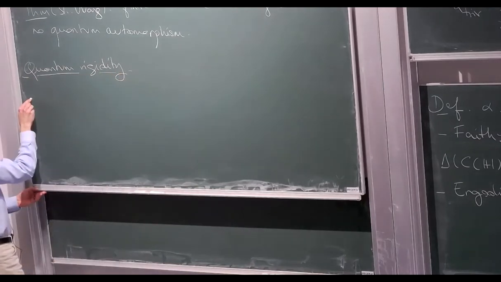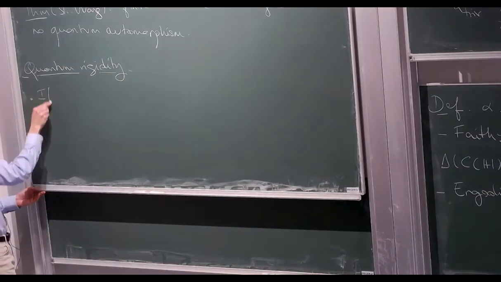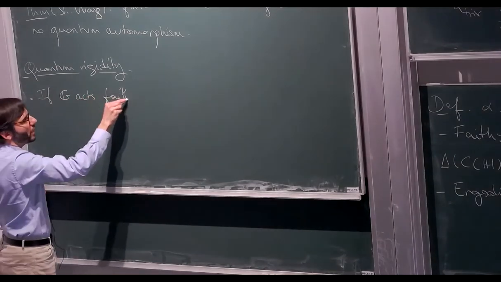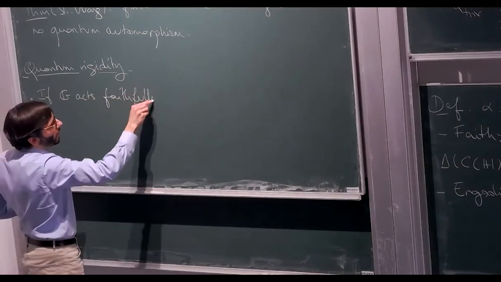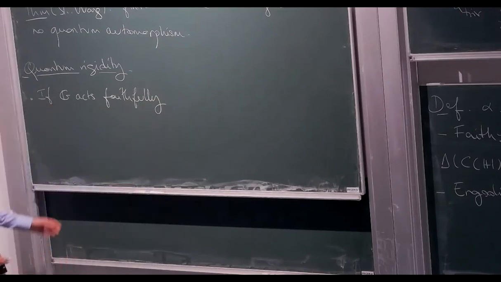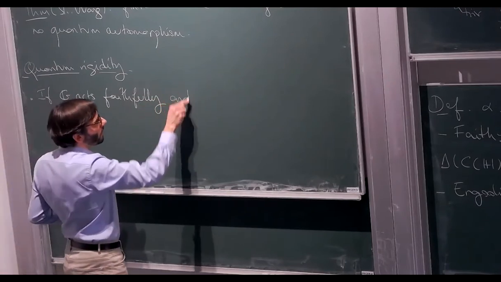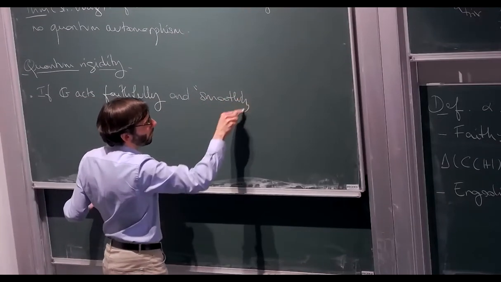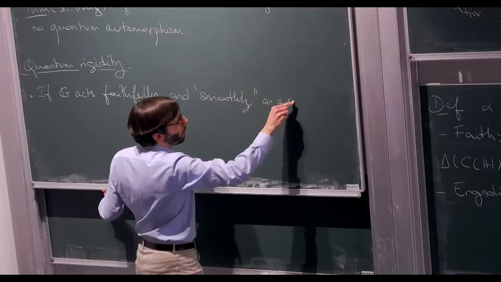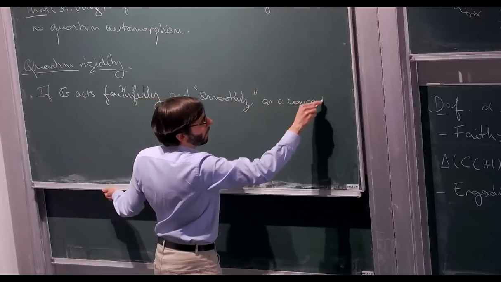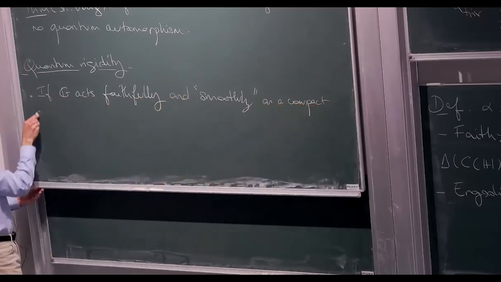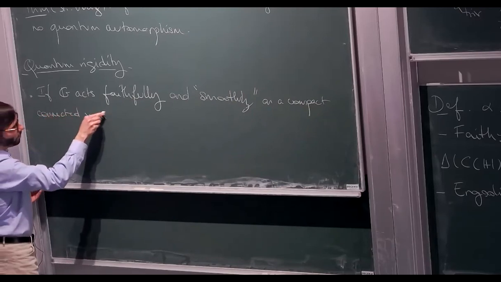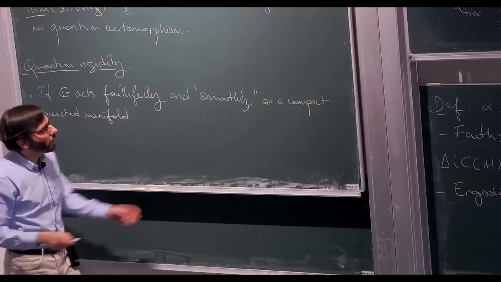So for instance, if G acts, so you take a quantum group, assume it acts faithfully and smoothly on a compact connected manifold. So what does smoothly mean?